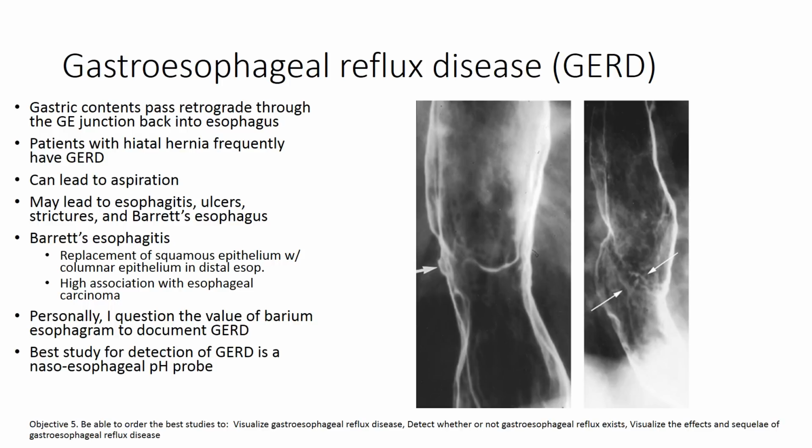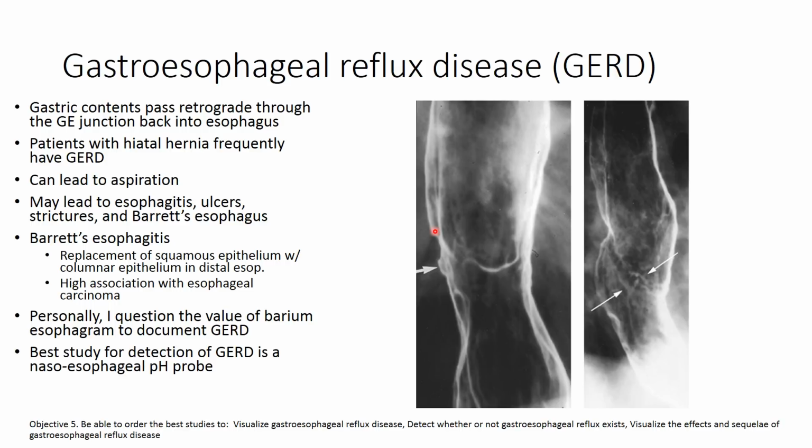Now, gastroesophageal reflux disease can lead to ulcers, such as seen right here, where you get penetration through the mucosa into the serosa due to the erosion by the acid. It can lead to strictures, and it can lead to Barrett's esophagitis, which is a precursor to esophageal carcinoma.